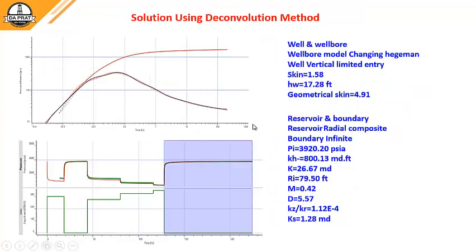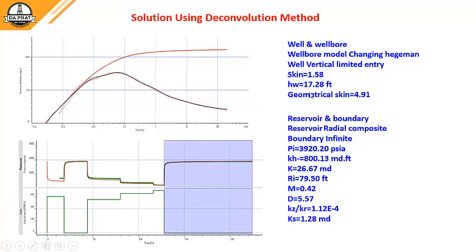Now we also try to use the deconvolution method, and in this case, these are the results that we got. The match for the deconvolved pressure is as good as the match using the analysis from one event, which is the previous analysis.